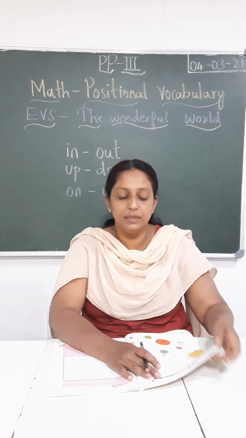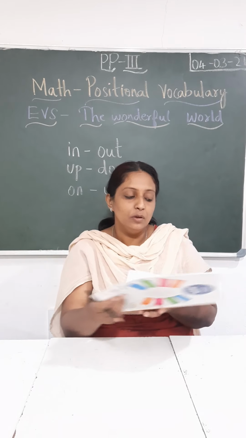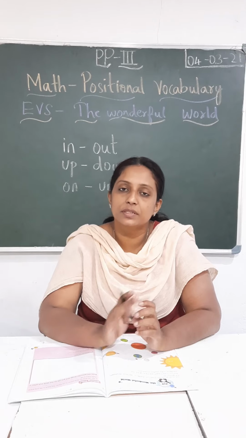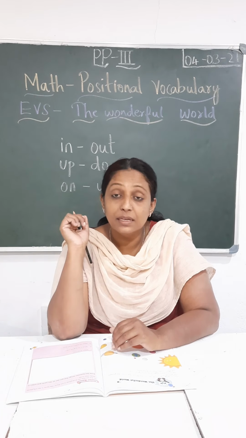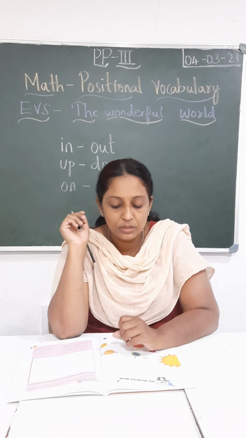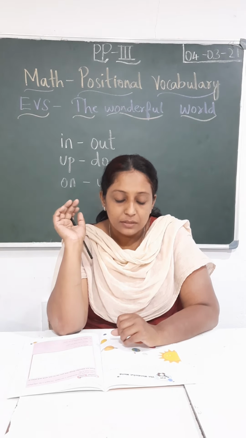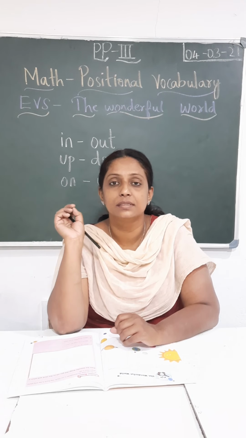In EVS, we learn page number 64 and page number 65, where we are learning about the wonderful world. Our universe, the place that we live, has the sun, moon, stars, the planets and the galaxies. The sun is the biggest and the brightest star.